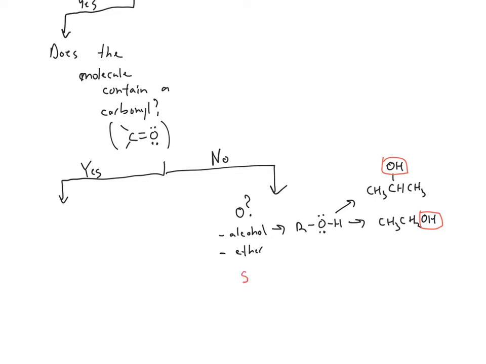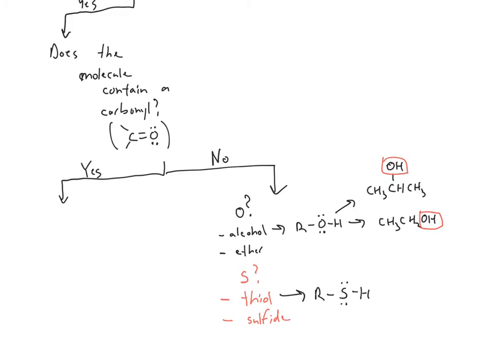What if it has a sulfur? That is either a thiol or a sulfide. They're analogous to the alcohols. What does that mean? A thiol is RSH.